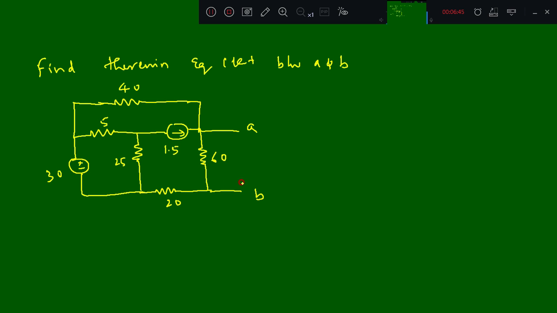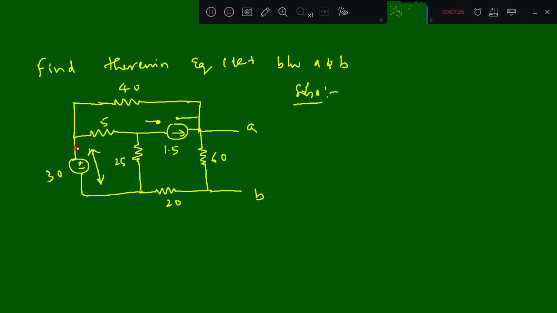Okay, so we know that first we will make the current source open, so this is the open circuit, then the voltage source becomes a short circuit. When I close this and make that open, it will be like this. So we remain with only the 40, 5, 25, 20 and 60 ohm resistances. When I make the voltage source a short circuit, this becomes the least resistance path.